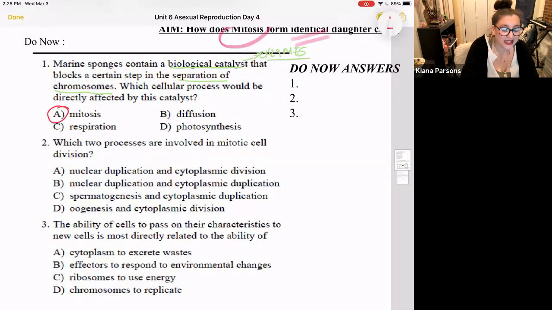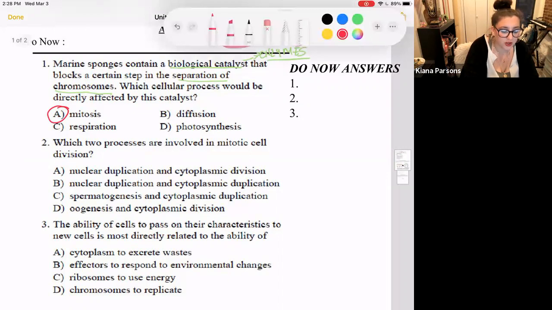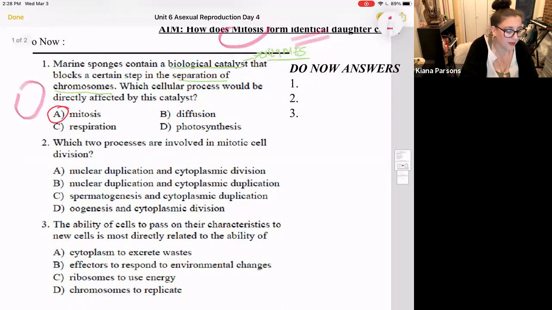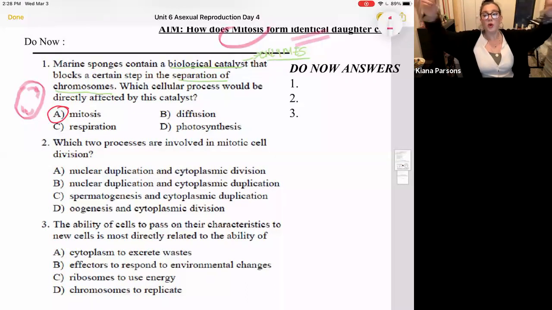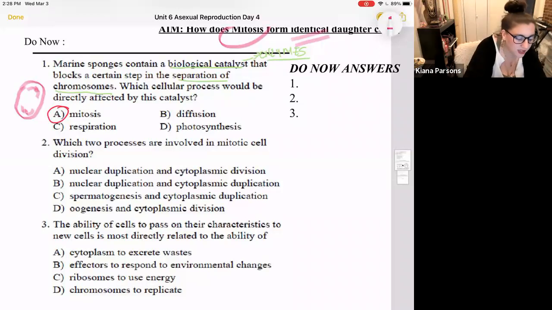And the actual separation of chromosomes occurs in my favorite phase of mitosis, which usually looks a little something like this, which is when the chromosomes are being pulled apart into two separate cells to actually form the identical daughter cells. And if the marine sponge has an enzyme that blocks that occurring, that would impact mitosis.